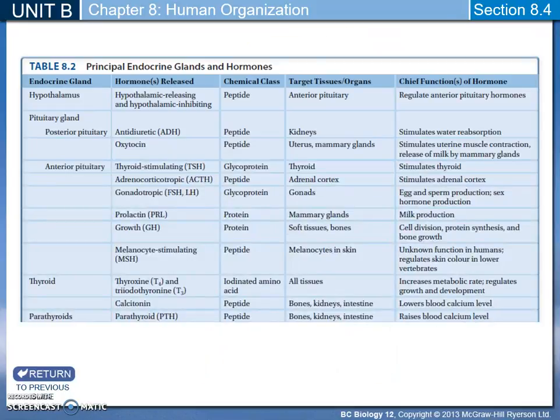So here's a very good summary of the different endocrine glands, their name, and the hormones that they release, the chemical class, and their target tissue and organ, and the chief function of the particular hormone.